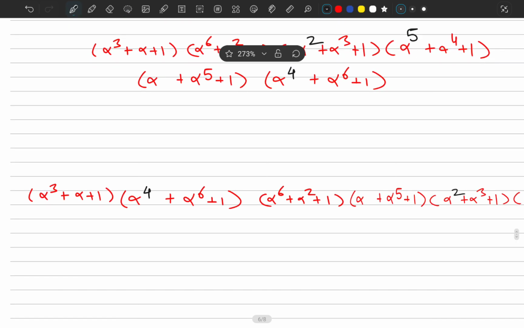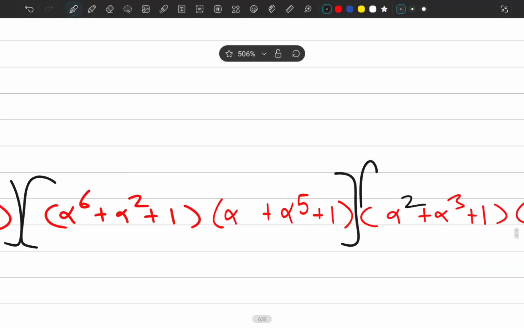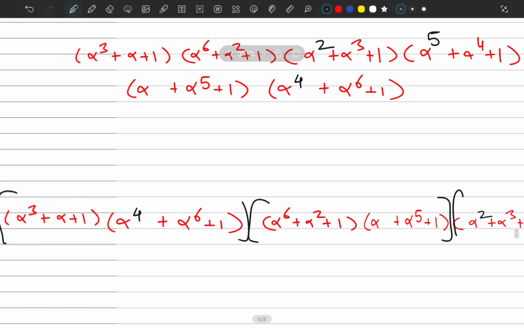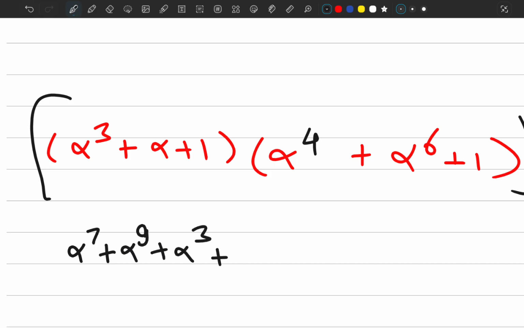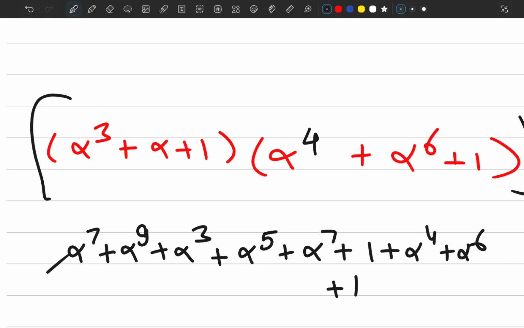Now what we have done is we have made them as pairs, and we will solve each of these pairs and see what happens. Okay, this is important. It is a magical manipulation, and it will give us alpha cube, alpha 5, then alpha 7, then 1, then alpha 4, then alpha 6, then 1. Right, this is 1, this is 1, this is actually alpha squared.